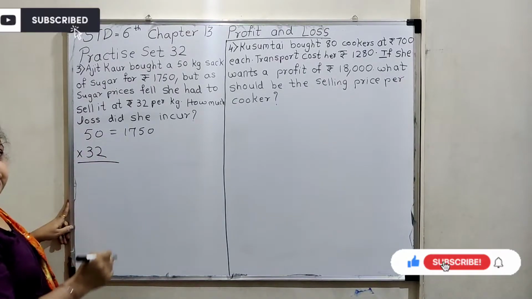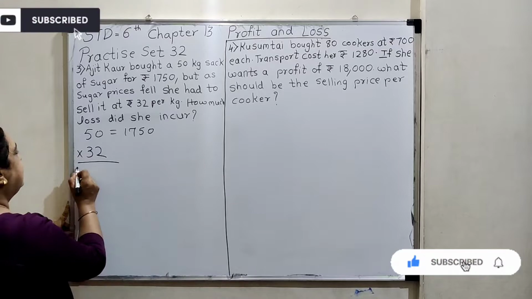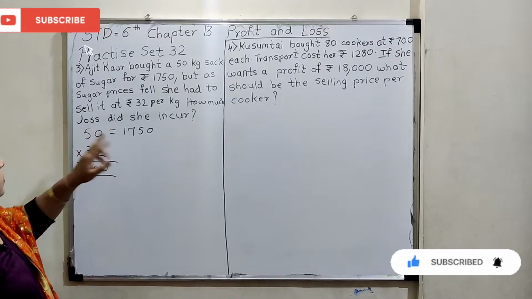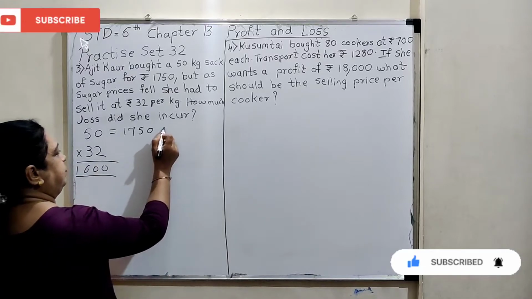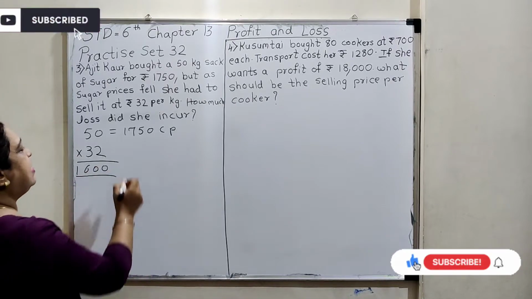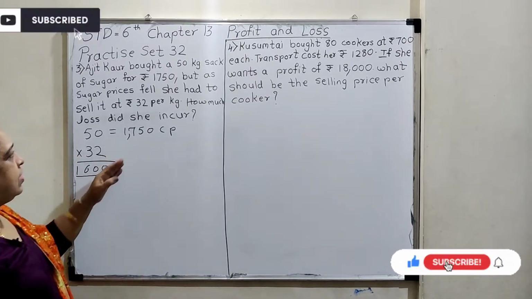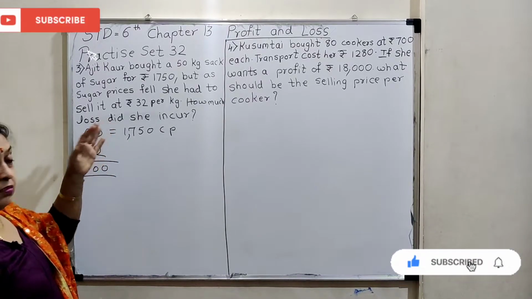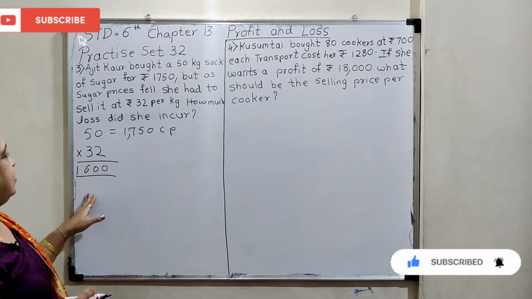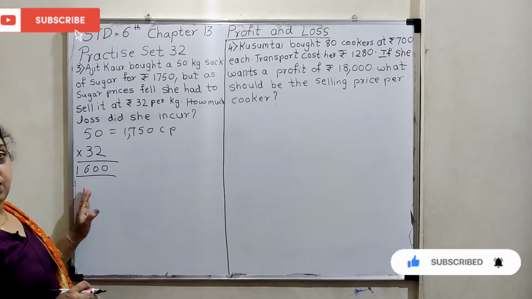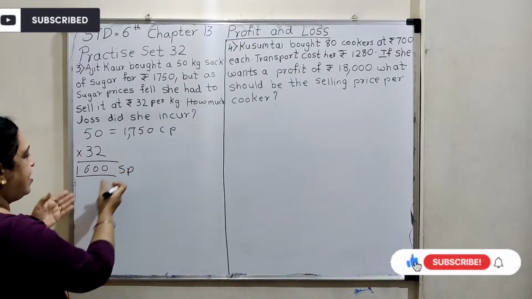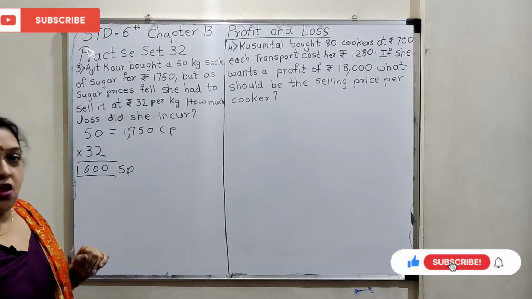How much is it? 1,600. 1,750 is the cost price. She bought the sack for 1,750 and sold it for 1,600, and this is the selling price. From this you can understand that she has made a loss.